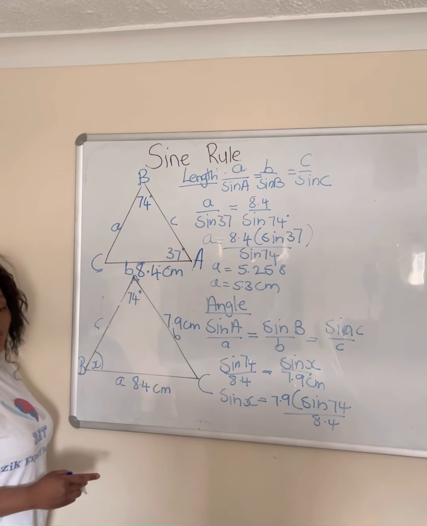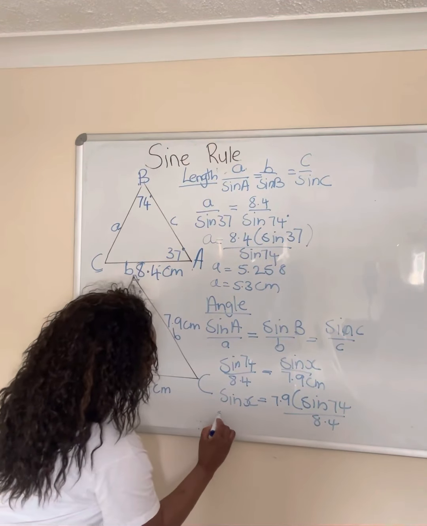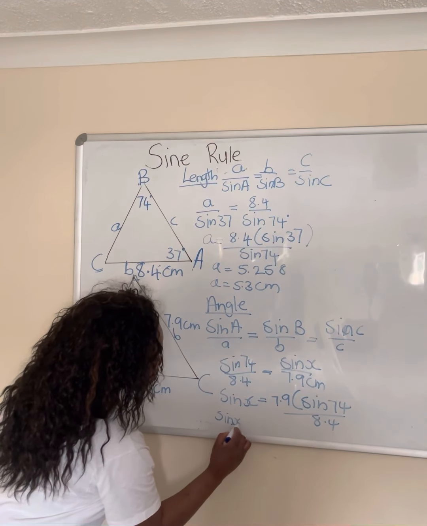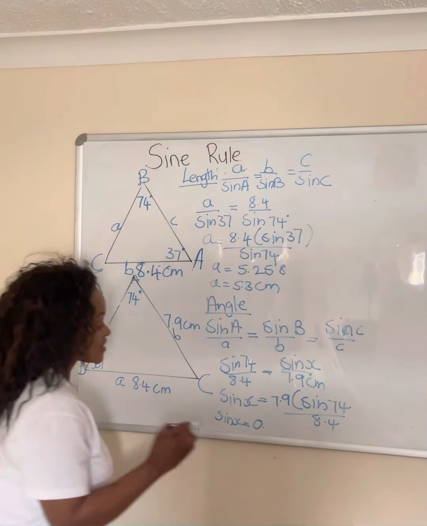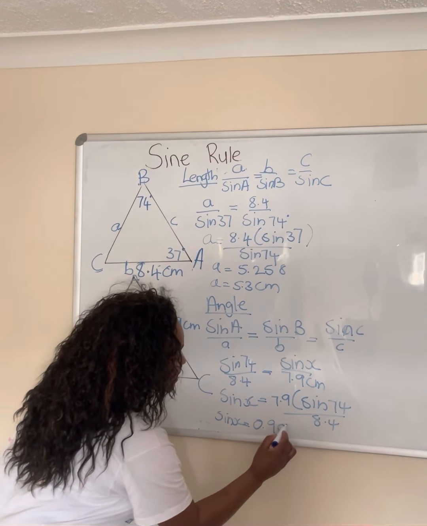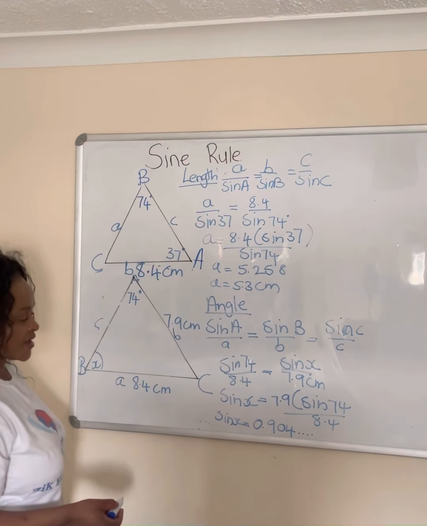Okay, so when you have done this, for your sine X you would get 0.904, and so forth. The answer will always give you a 0 point something. It's a recurring decimal.